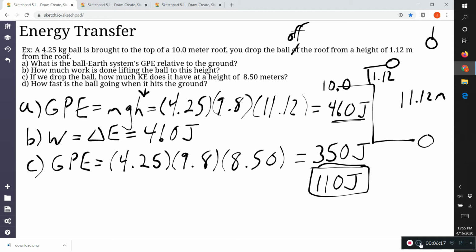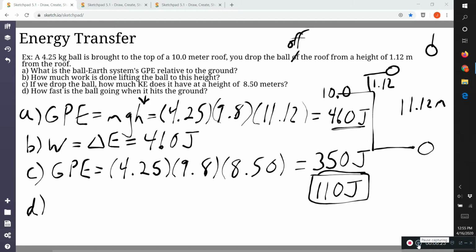All right, part D. How fast is the ball going when it hits the ground? Well, when it hits the ground, we know it's going to have 0 gravitational potential. So that means all of the original gravitational potential pretty much has been transferred into kinetic. So we can use our formula that kinetic energy is equal to 1/2 mv squared.